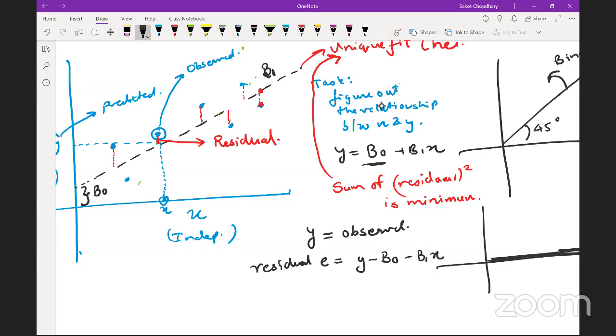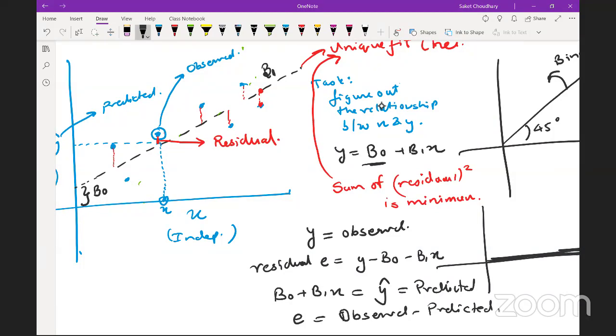So this is observed, not predicted. Let me write this down. Beta naught plus beta 1 x is y hat, which is predicted. So residual E is essentially observed minus predicted.